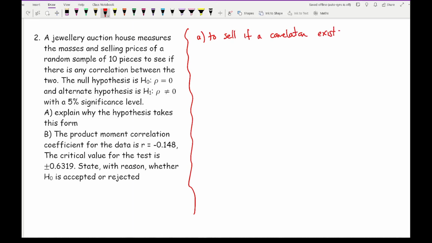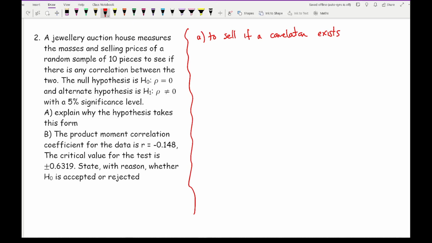All we're looking for is whether there is a link between the mass of a piece of jewellery and its selling price. In some cases it may not be true, as it obviously depends on rarity and other factors, but you would expect that in terms of gold, how heavy it is will also have an impact on its price.